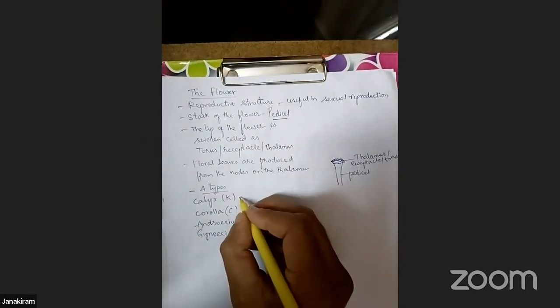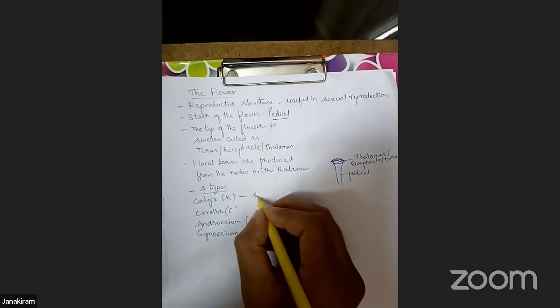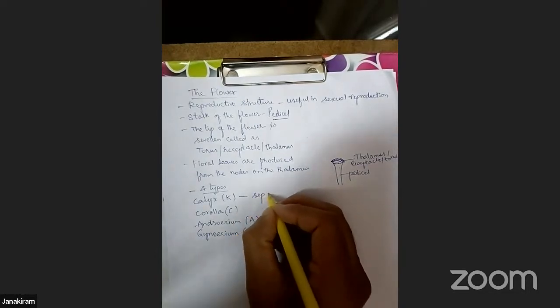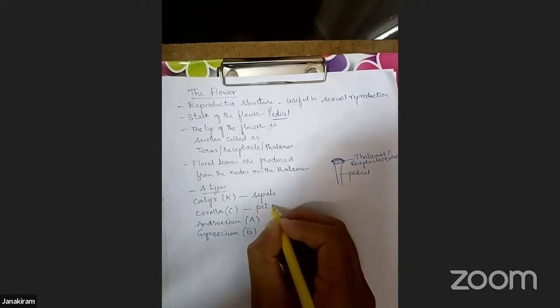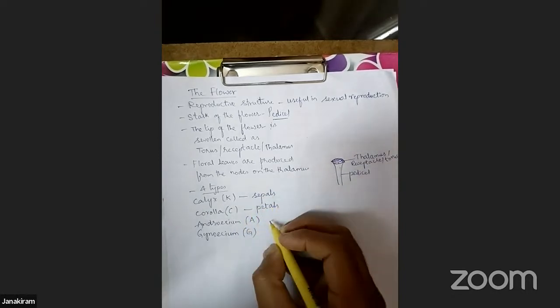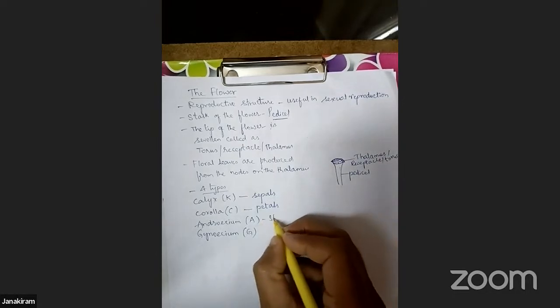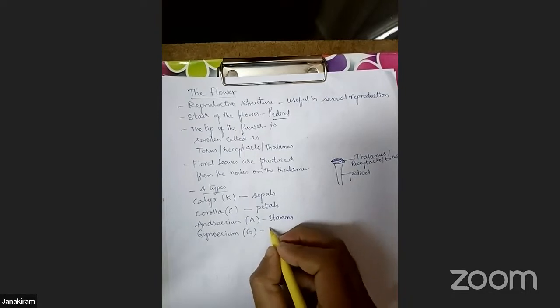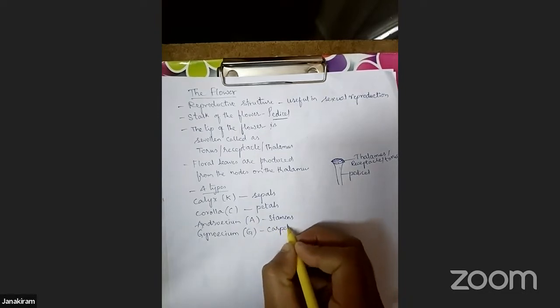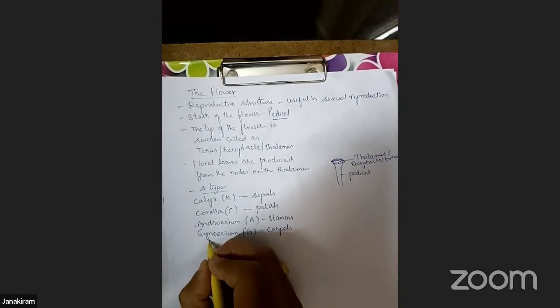And individual parts of the calyx are called sepals, and individual parts of the corolla are called petals. Individual parts of the androecium are called stamens, and those of the gynoecium are called carpels. The other name for gynoecium is pistil.